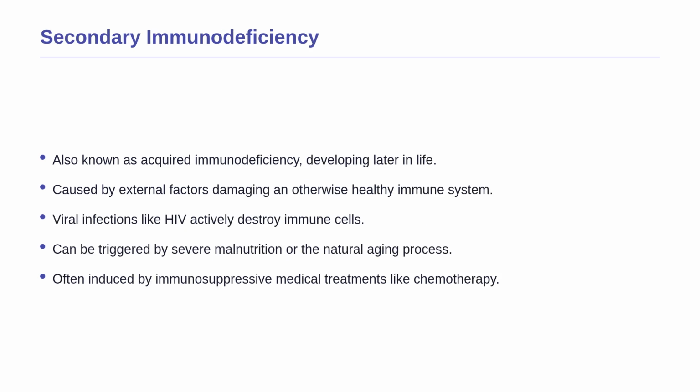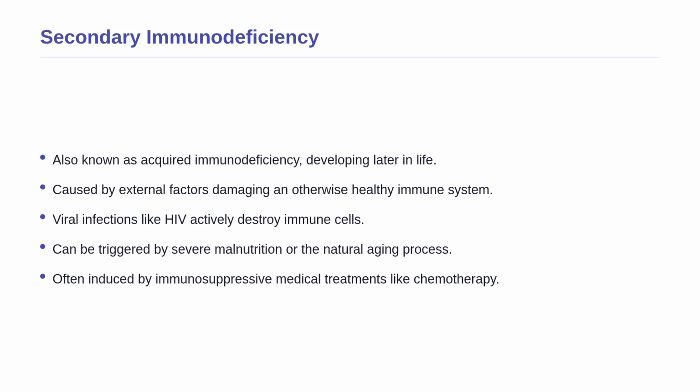While primary immunodeficiencies are genetic, the second category is acquired from the environment. Secondary immunodeficiencies develop later in life due to external factors that damage an otherwise healthy immune system. The most famous example is a viral infection, like HIV, which actively destroys immune cells.